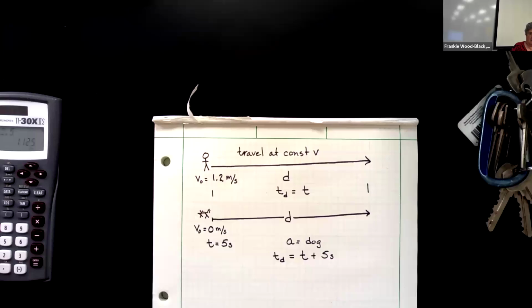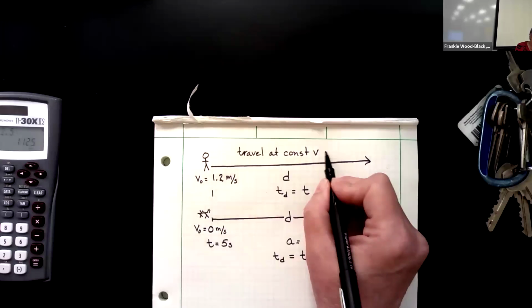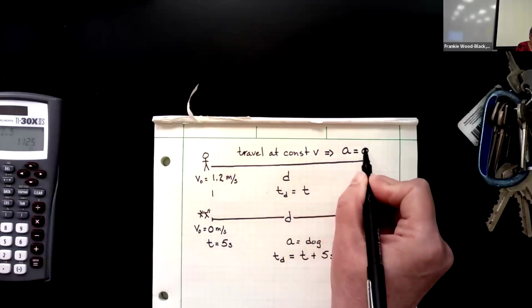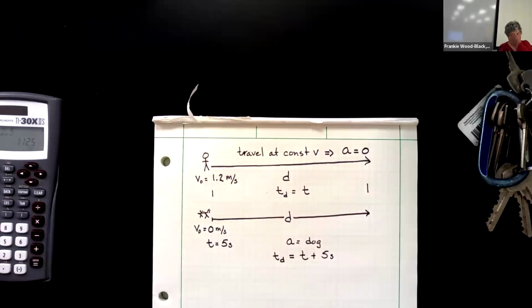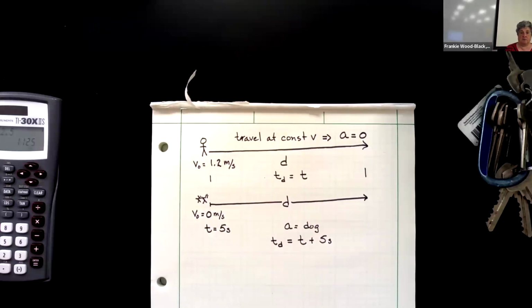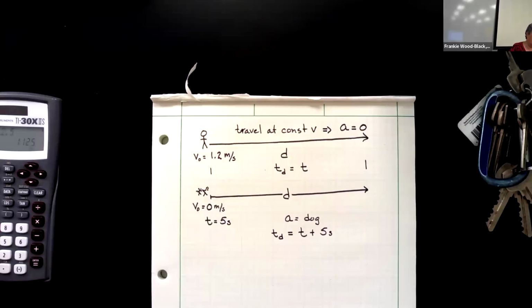All right, distance D's are the same. And travel at a constant velocity means that acceleration is equal to 0. So what I have here is 2 equations, 2 unknowns.